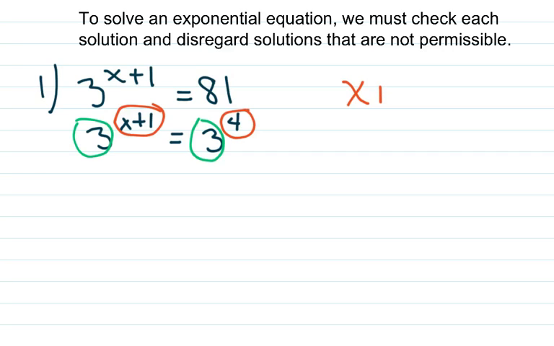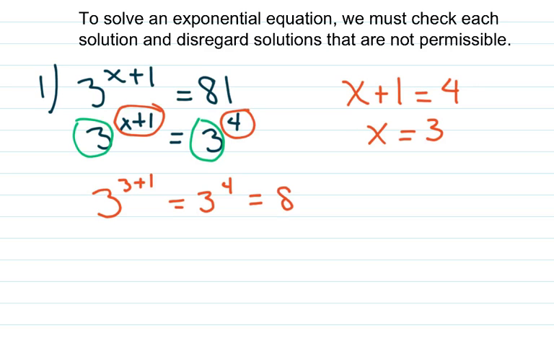So I have x plus 1 equals 4, and just by looking we know that x equals 3. Now, we're supposed to check, and if I plug this in, my x is 3, 3 to the 3 plus 1 equals 3 to the 4th, which does indeed equal 81.